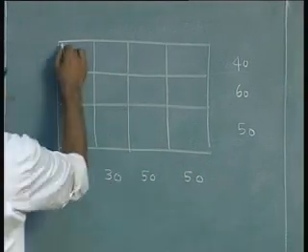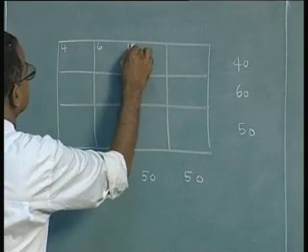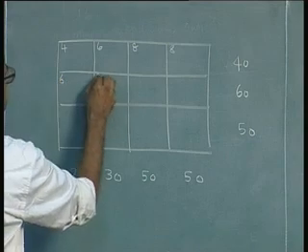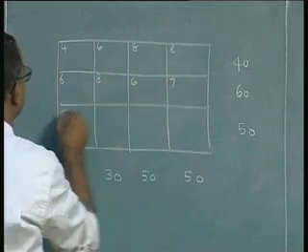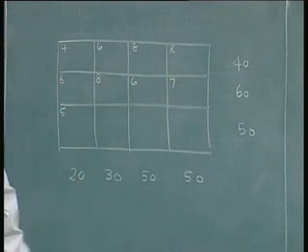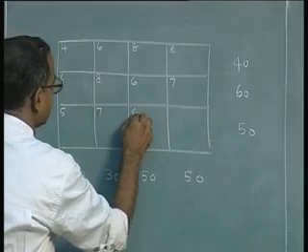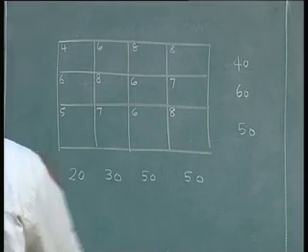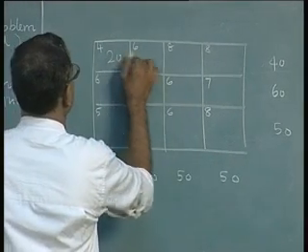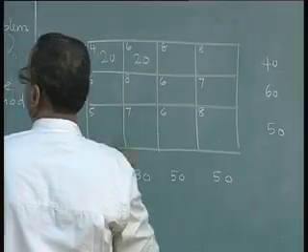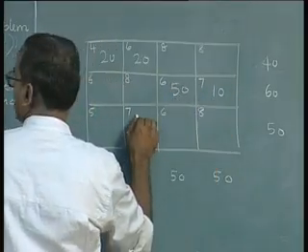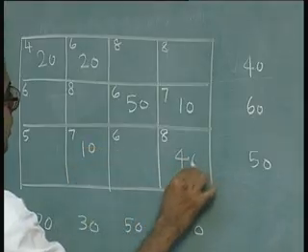The costs are 4, 6, 8, 8, 6, 8, 6, 7, 5, 7, 6, 8. We start with a basic feasible solution. The solution that we start with is given here: 20, 20, 50, 10, 10 and 40.